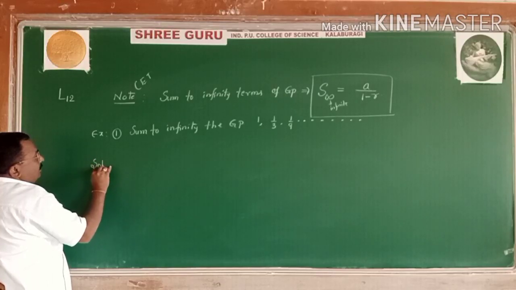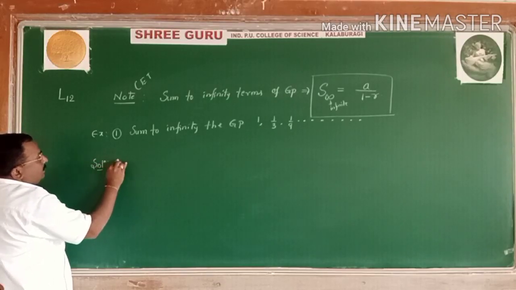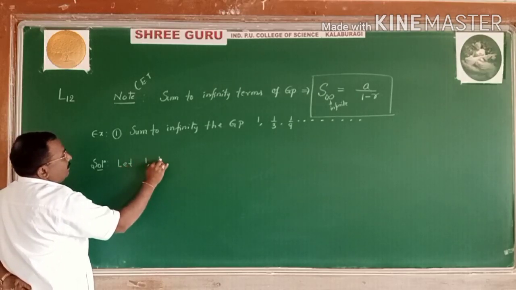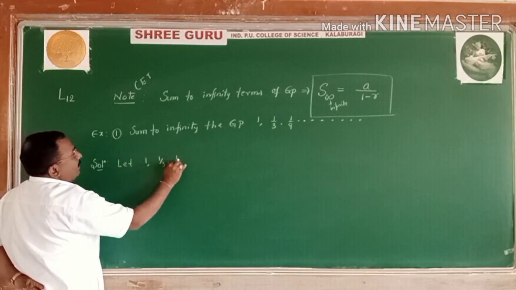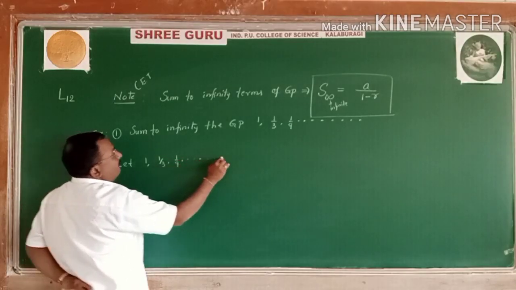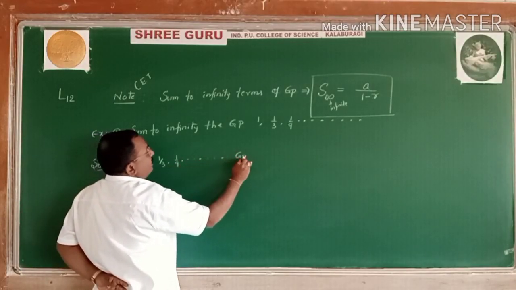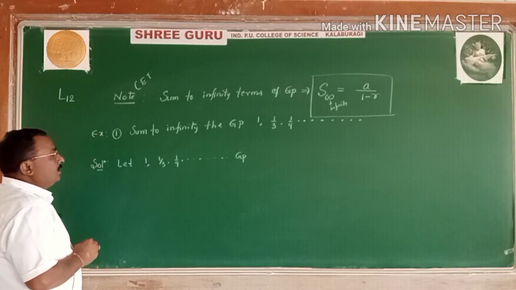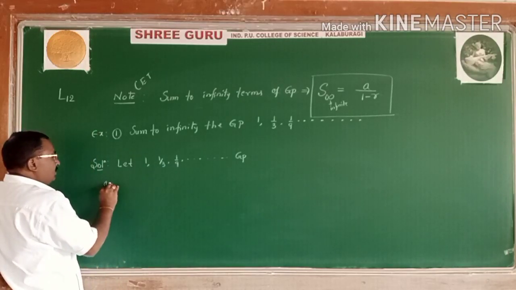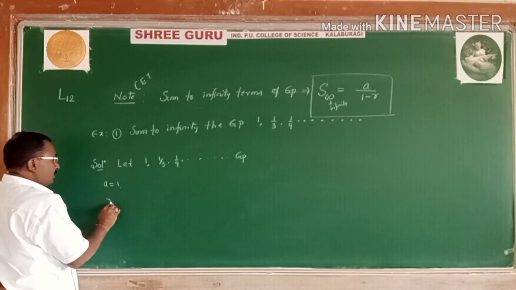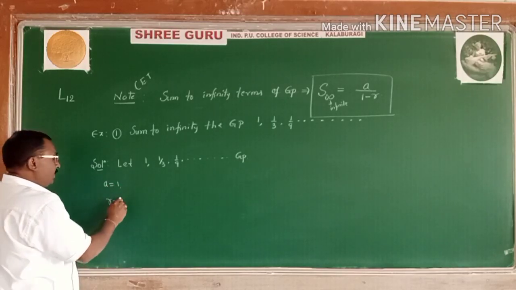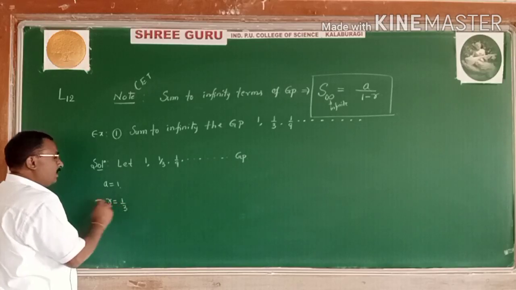Solution. Let 1 by 3, 1 by 9 be in the form of a GP. Here a is equal to what? 1. r is equal to what? Any term divided by the previous term, 1 by 3.